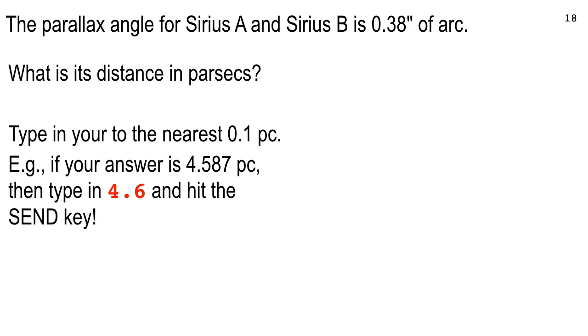Question number 4 for today. Series A and B. 0.38 arc seconds. What is the distance? So if you don't have a calculator, you're going to have to do this on pencil and paper. 1.000, and then divisor 0.38. So you do it either 5th grade longhand, long division, or use your calculator.